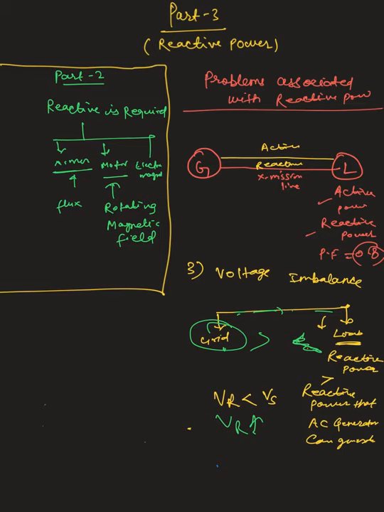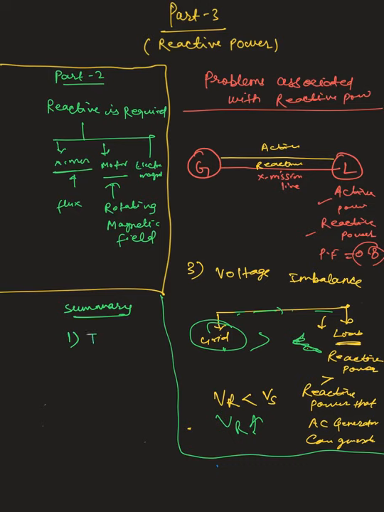In the next video, we'll be talking about what can be done to solve these problems and what are the different techniques to do that. I'll just summarize what we learned today. We learned 3 problems associated with reactive power.